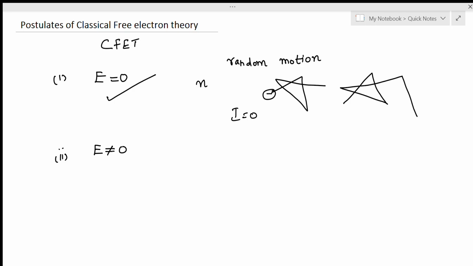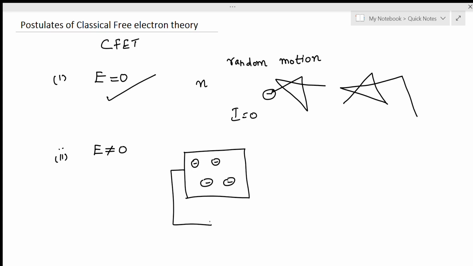So the second postulate is when the metal is subjected to an external electrical field, these free electrons in a metal undergo unidirectional motion called as drift motion.